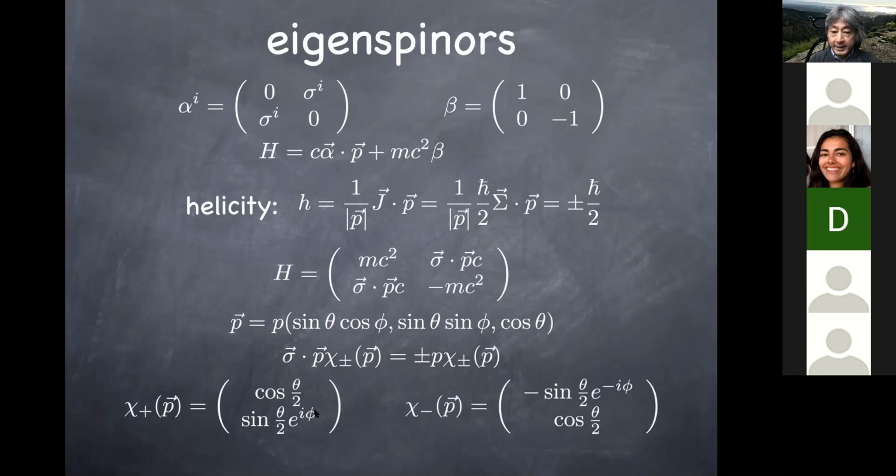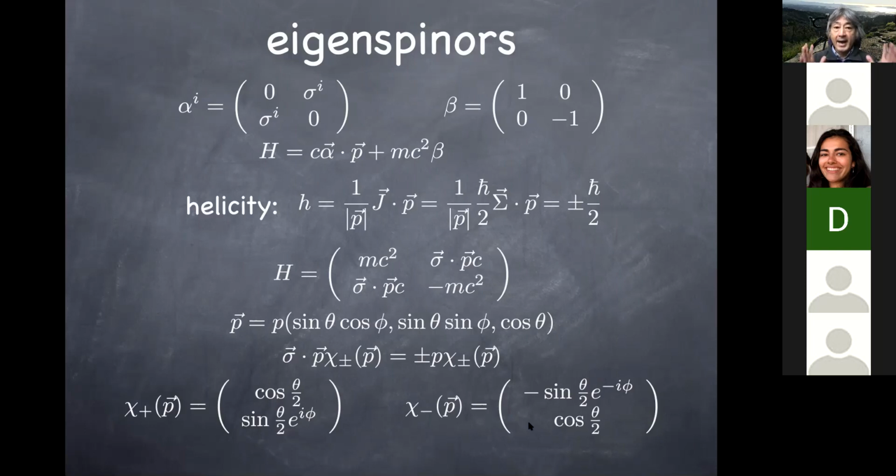You can also see that they are orthogonal to each other: when you take the dagger of this, complex conjugating it, and take the product with this one, the product of the upper components and the product of the lower components cancel against each other, so they are orthogonal. They are also correctly normalized. If you take chi plus dagger chi plus, that's cosine squared theta over 2 plus sine squared theta over 2. This phase cancels with the complex conjugation, so it's correctly normalized.